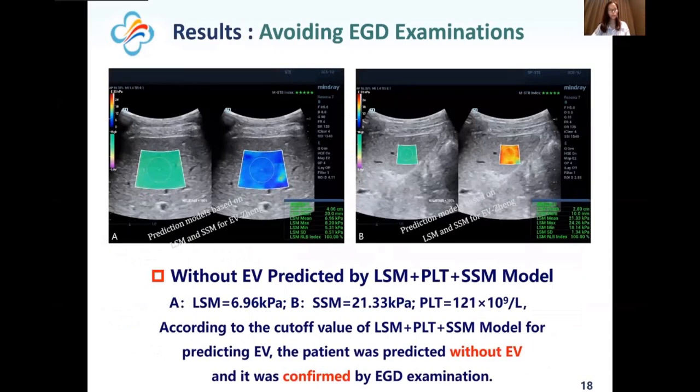For example, this patient was detected with an LSM of 6.96 kilopascal, an SSM of 21.33 kilopascal, and PLT of 121 billion per liter. The patient was predicted without high-risk varices, and it was confirmed by the EGD examination.